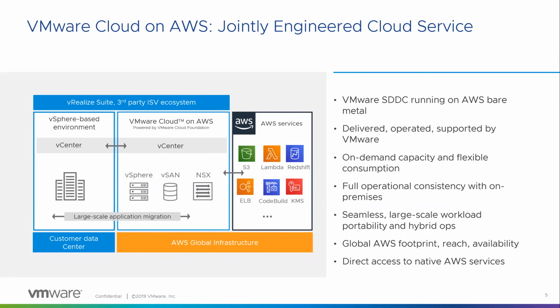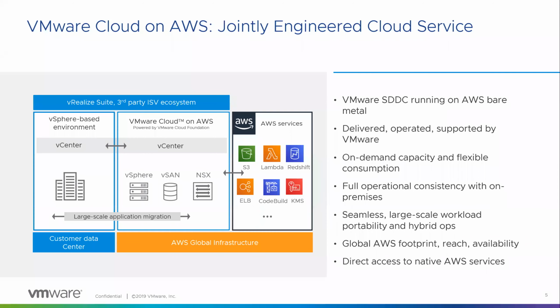The vSphere, vSAN, and NSX that you've come to know and love, as well as our old friend vCenter, all exist in VMware Cloud on AWS with direct access to all those great services you get from AWS, S3, Lambda, ELB, and so on. So it is a system that is delivered, operated, and supported by VMware.